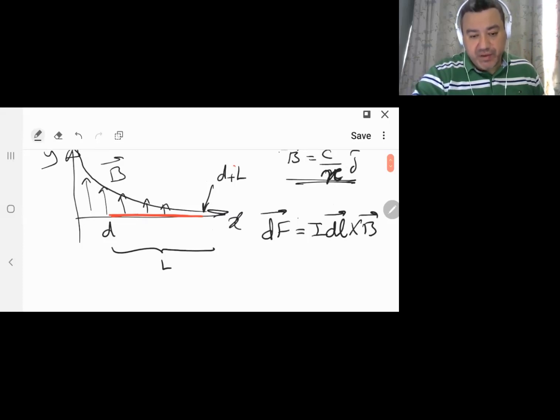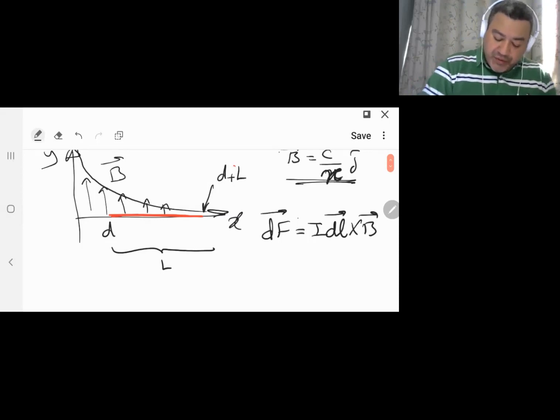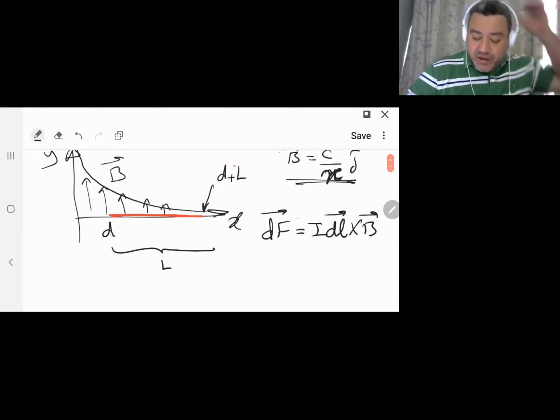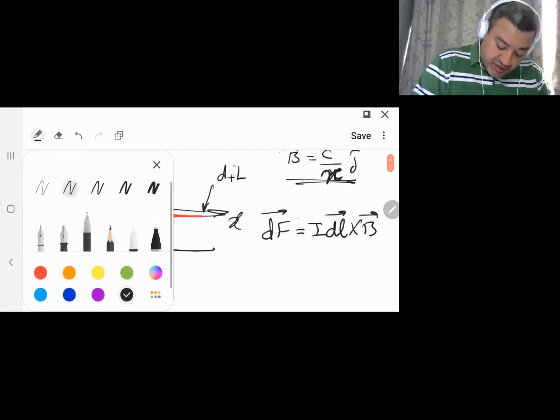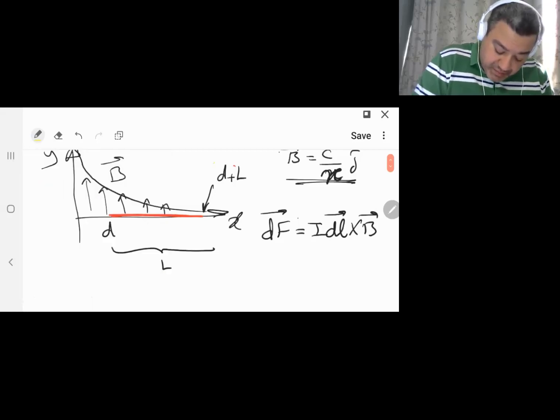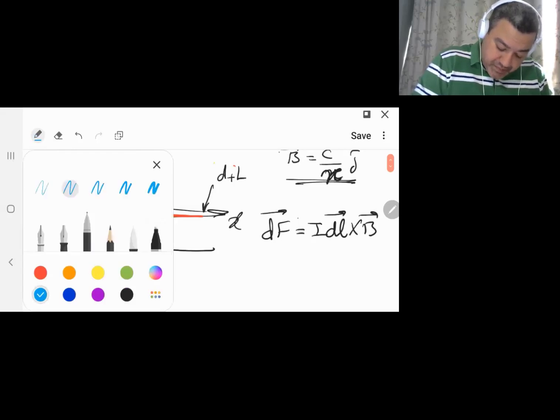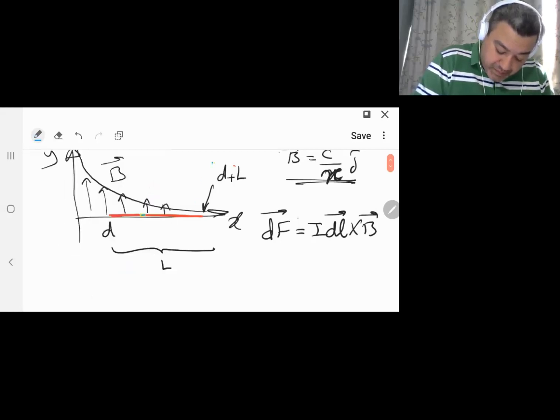Yes, this is the magnetic field. The most important thing is how to define the differential element. Let me use another color. This is my differential element.